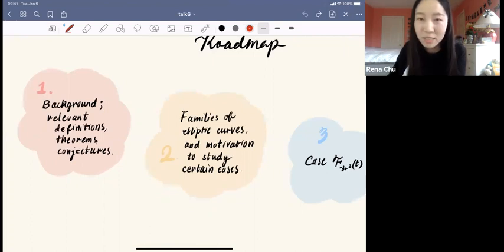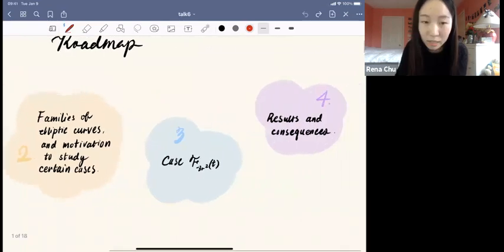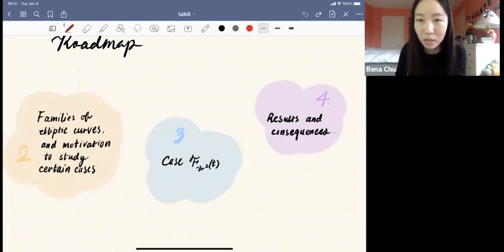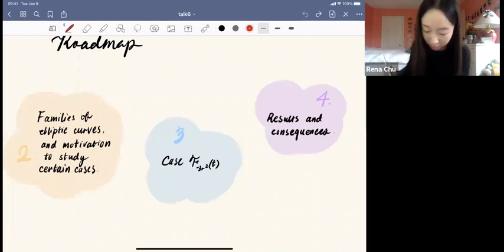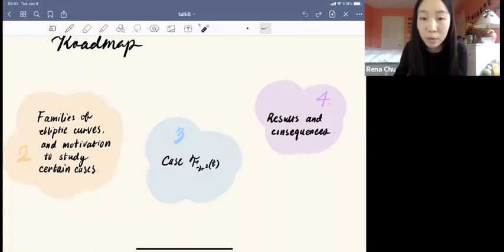We define what this means, look at different types of families, and give motivation on why we study the particular ones that we do. After setting the stage, we will look at a particular family. We denote this by the F family with a specific parameter that we will introduce later on. And finally, we will go over some results and look at some interesting consequences.